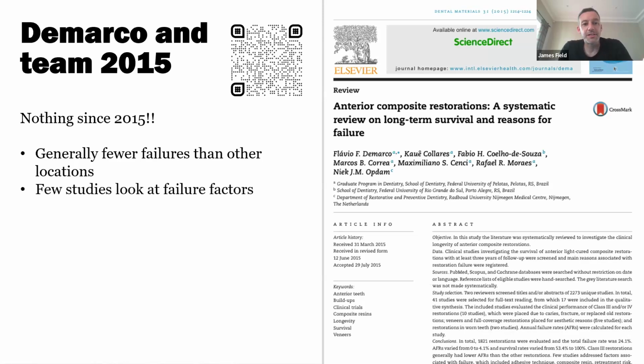And there are a few studies that actually look at the failure factors rather than the actual failure rate itself, which makes this even more difficult to unpick. But as we've said before, what's really important is marginal failure. If you start to get marginal degradation of a restoration, then that's a huge sign that you're going to get future problems and increases the chance of overall restorative failure significantly.